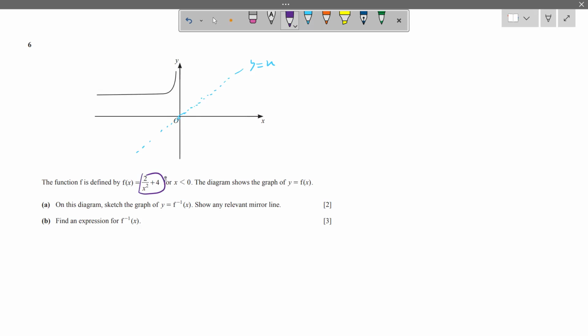This function has an asymptote. If you put very large negative values of x into this one, you notice that this part here becomes close to 0, but it will never reach 4. So I'm going to give the asymptotes a different color.